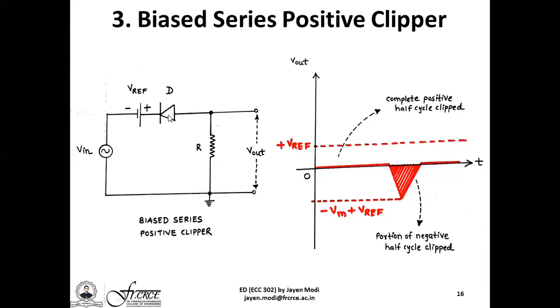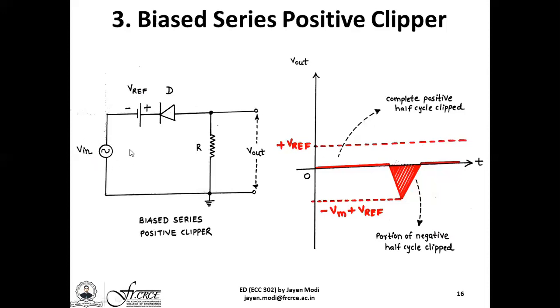Now, the operation will be similar to the unbiased series positive clipper, in which the entire positive half cycle is clipped off. However, what you observe is that here the battery positive terminal is connected to the cathode. So the diode is already made reverse biased due to the battery voltage Vref.